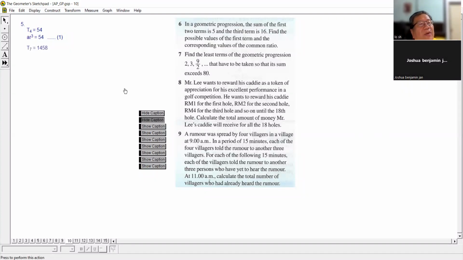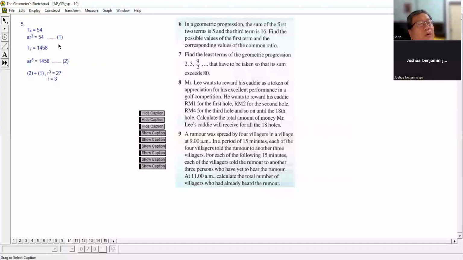Okay. Next one. They say T7 is 1458. What must you do with this? AR to the power of 6. Yes, very good. AR to the power of 6 is 1458.